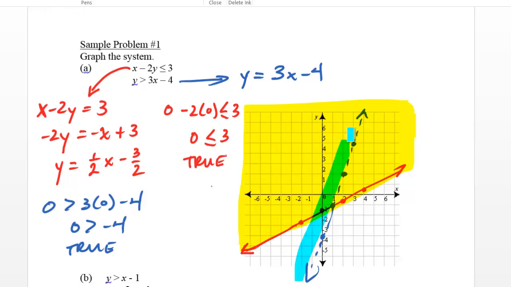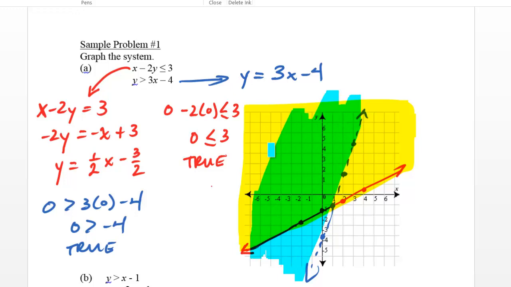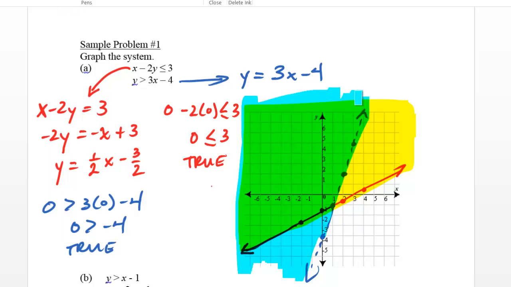So I'm going to use the blue, and you can see by using the blue, when it mixes with the yellow, it gives me this green part, which then shows me visually where the solution to this system of inequalities is. So that's a quick example of solving a system of inequalities. The solution is the green area, all of the points in the green area, and I'll just quickly go through part B as well.